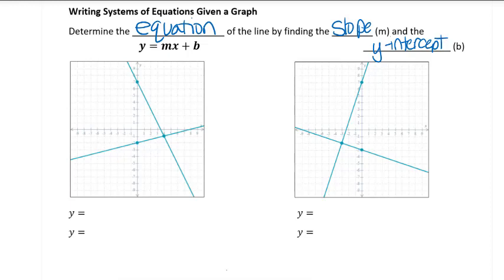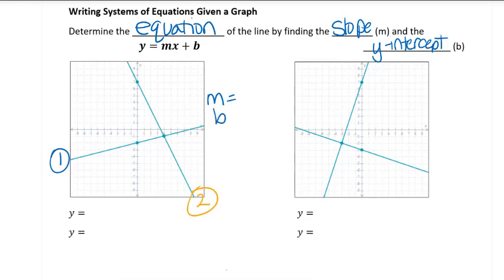So, looking at our first example, I always identify what is line 1 and line 2 just to make sure we keep everything straight. So I'm going to label this line as 1 and this line as 2. And I'm actually going to change that color just to keep it more organized.